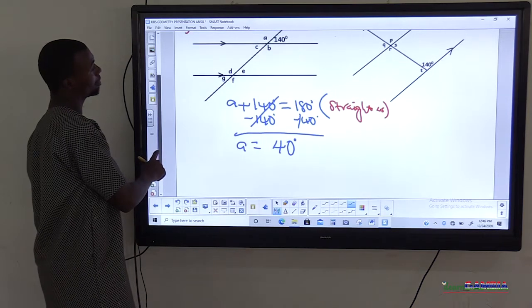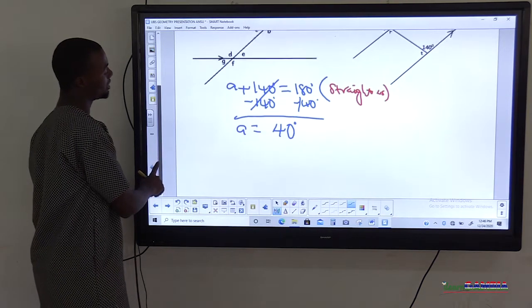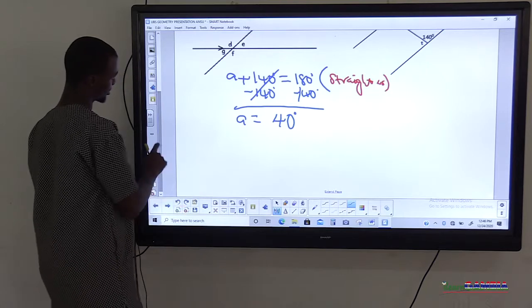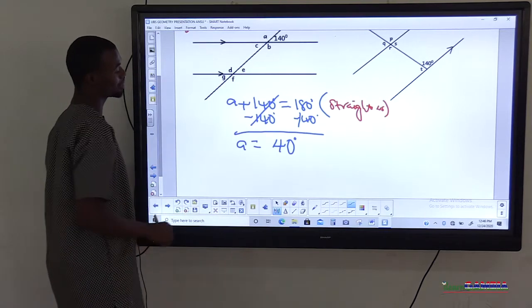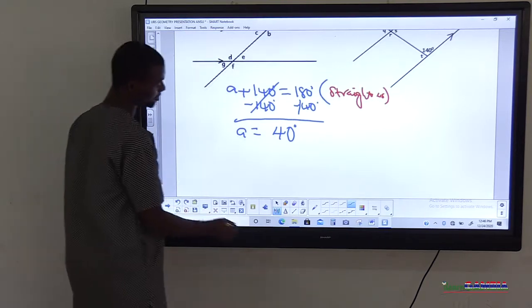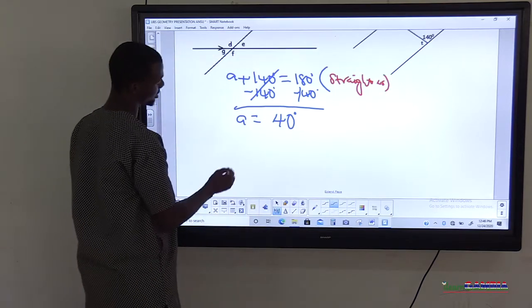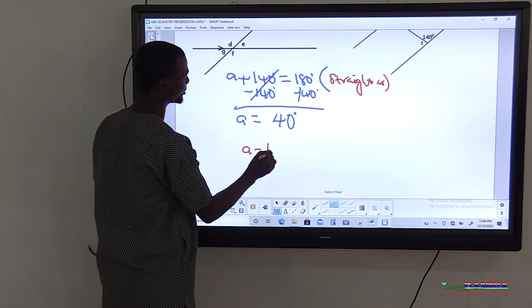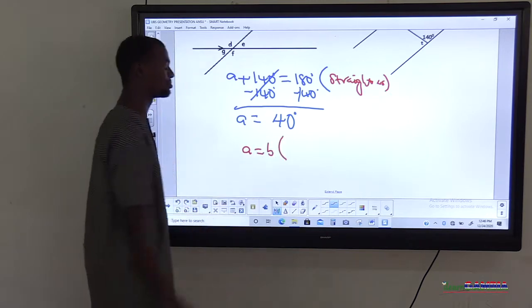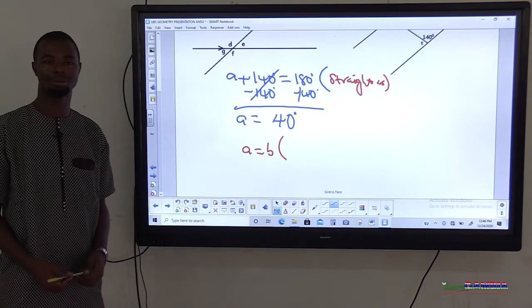Then we solve for B. We have A, we solve for B. In the diagram you can see A is equal to B, reason: vertical angles.